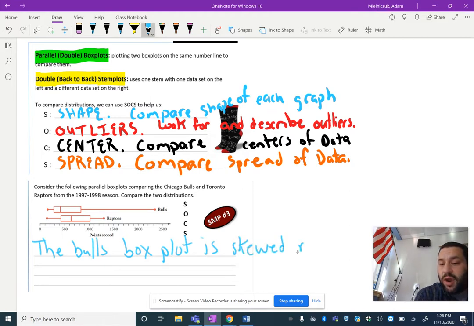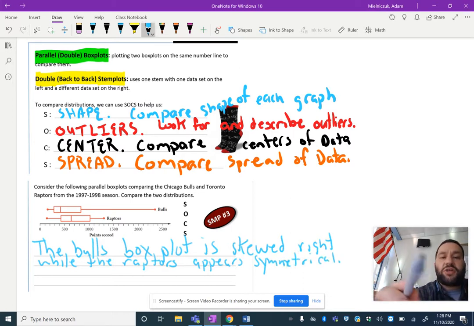So skewed right, while the Raptors appears, well, there's no tail, so it appears symmetrical. All right, so we just compared the shape.